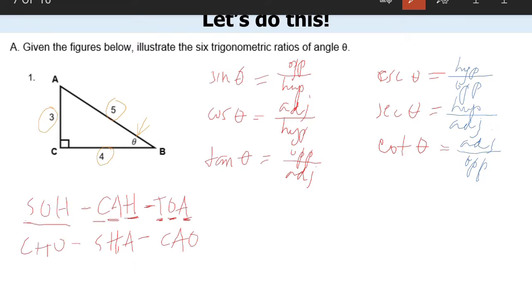So if the theta is here, therefore your reference angle is angle B. So we will base on this reference angle, angle B, to identify the opposite and the adjacent. So what is the side opposite to this reference angle? The opposite side to this reference angle is, okay, so this is opposite. Ayusin ko lang.